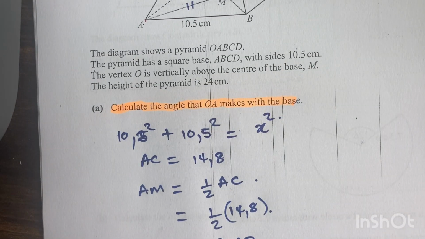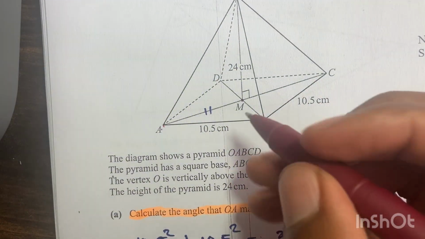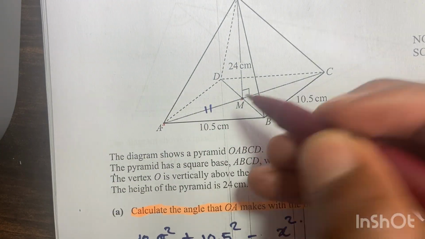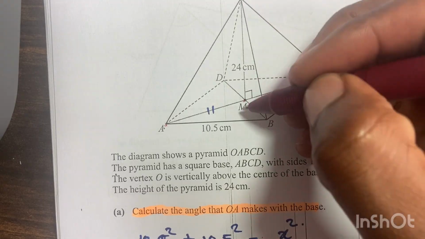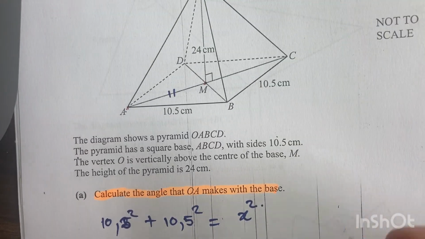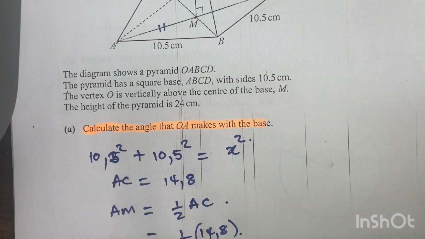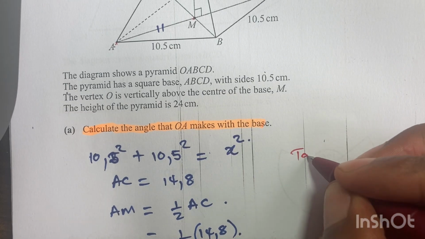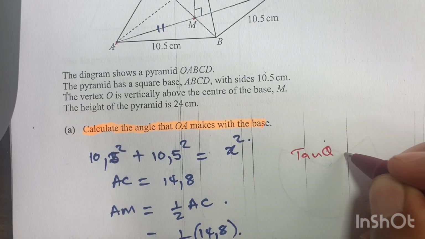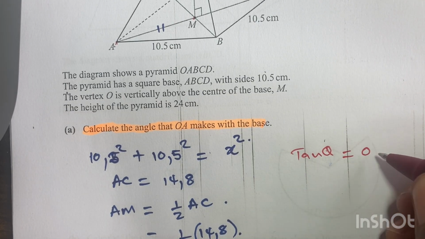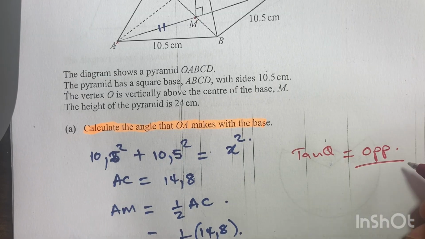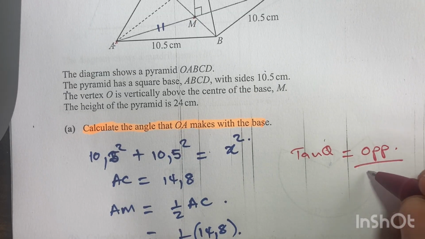So now to calculate the angle that I want, I'm going to say I want to use AM and OM. So I'll use tan theta is equivalent to opposite over adjacent.